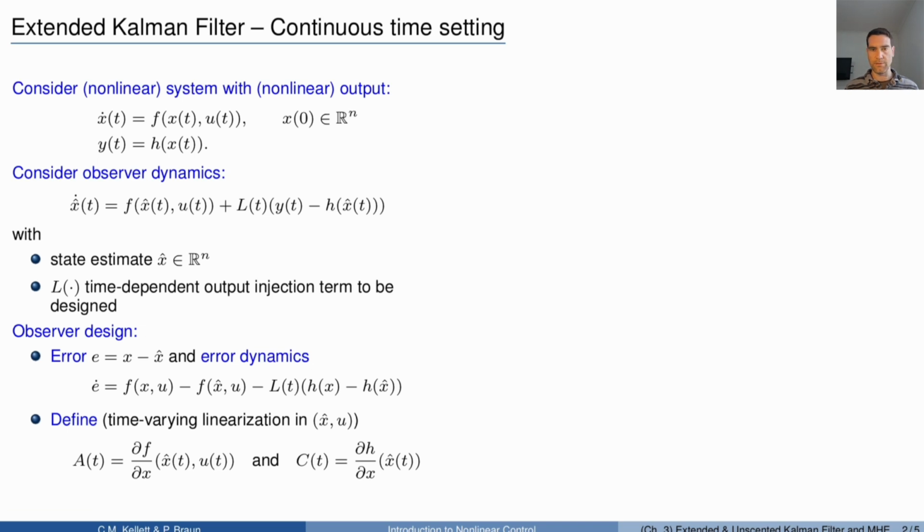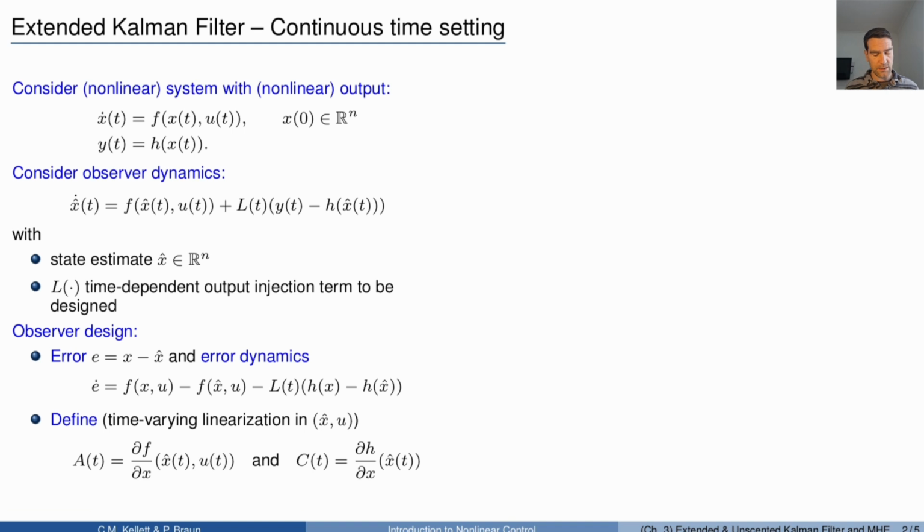And as in the case of the linear system setting, we are going to do these derivations in terms of the error dynamics, meaning we are going to define e as the mismatch between the actual state x and x hat, which allows us then to write down e dot in this form on the right hand side.